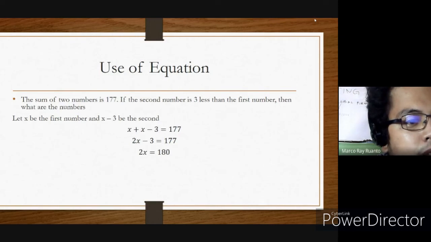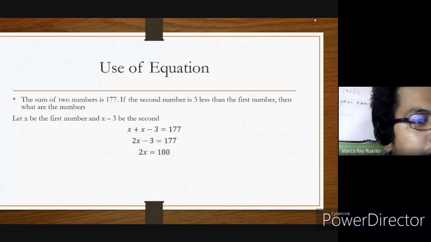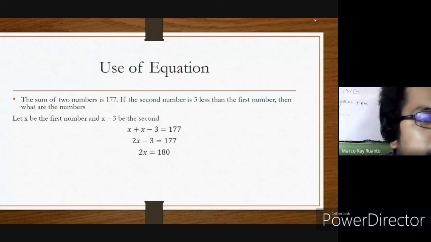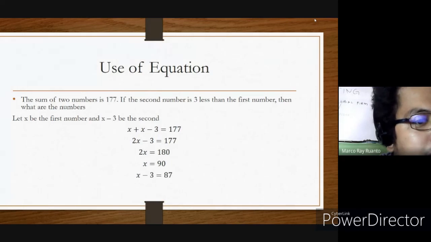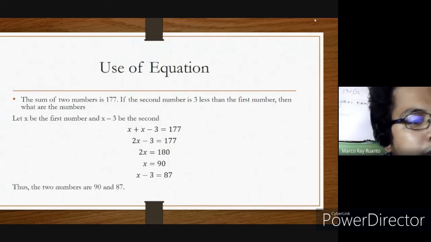Removing negative 3 by adding positive 3 on both sides, we have 2x equals 180. Divided by 2 on both sides, x is equal to 90, then x minus 3 is 87. So the two numbers are 90 and 87.